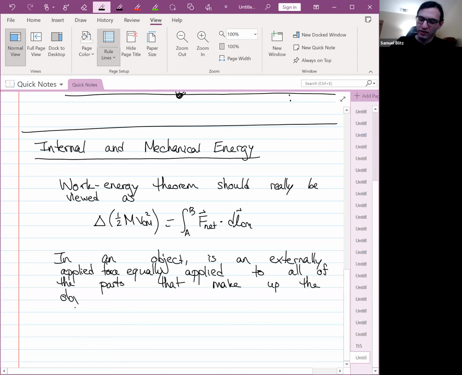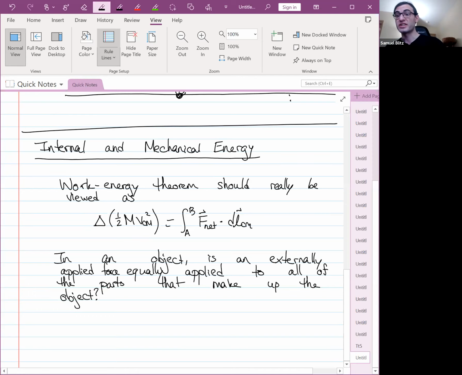And as I said, the obvious answer is no. If you lift up a ball, all of the pieces of the ball move up together. So maybe you think, okay, in that case they kind of are. But what if you flick the ball? If it's a rubber ball, the part that you flick will bend inward a little bit, but the rest of it will kind of just sit there.